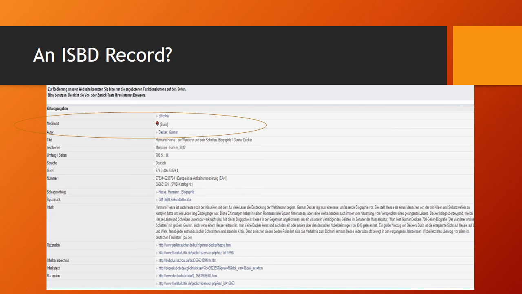So my point in showing this record is that once you know what content forms are, you can recognize a bibliographic record no matter where you are or what language you're looking at, because these field names help us figure out what things are.